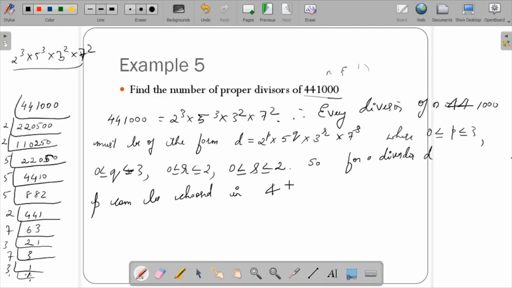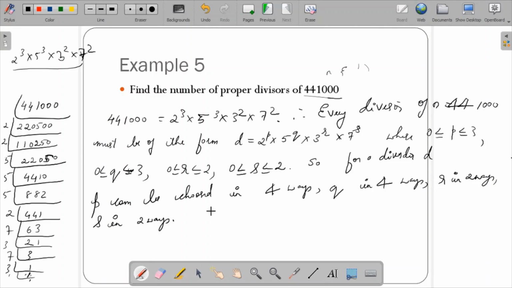So it is 4 ways, and q in 4 ways, because it is again 0 to 3, and r in 2 ways, and s again in 2 ways. So it can be chosen in so many ways.